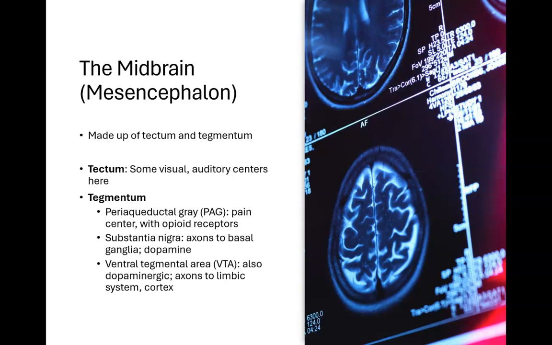We also have an area called the ventral tegmental area. This is also an area where we find a lot of dopaminergic neurons. These axons are going to go to the limbic system. And for those of you who had biopsych, you might remember me talking about the mesolimbic pathway. That's what this is. And also, those axons project to the cortex to form the mesocortical pathway.